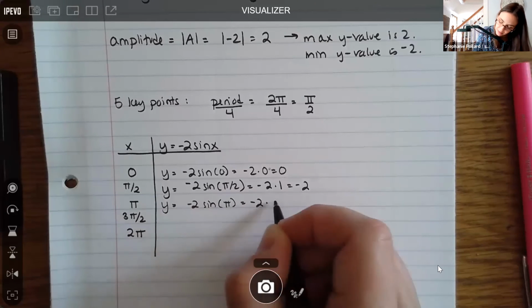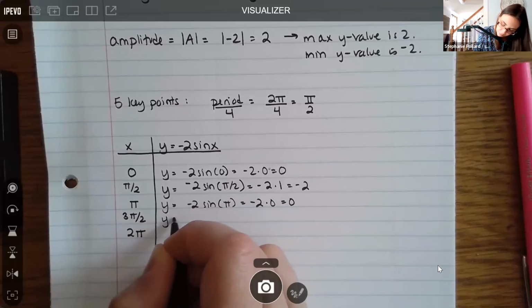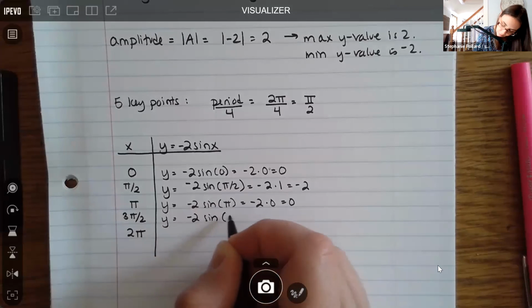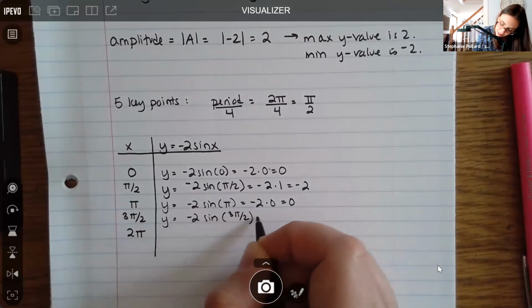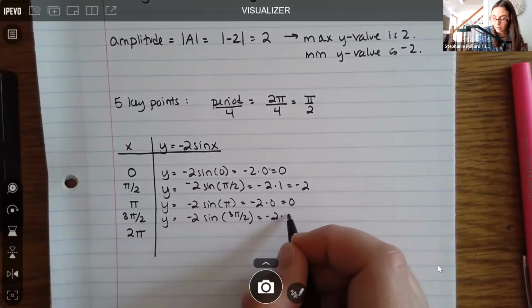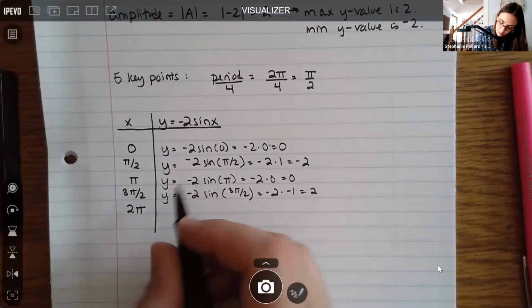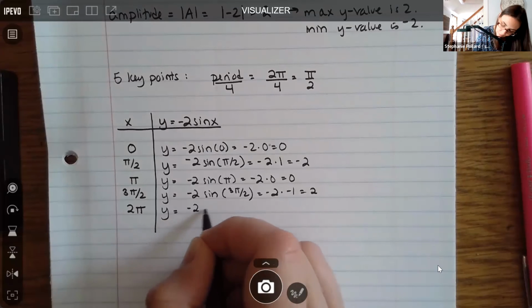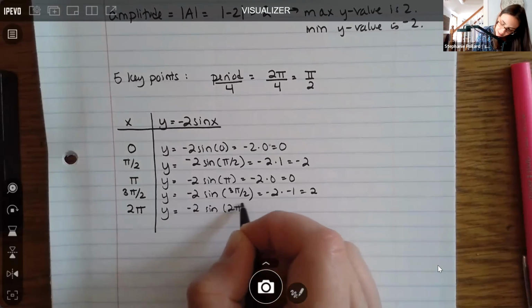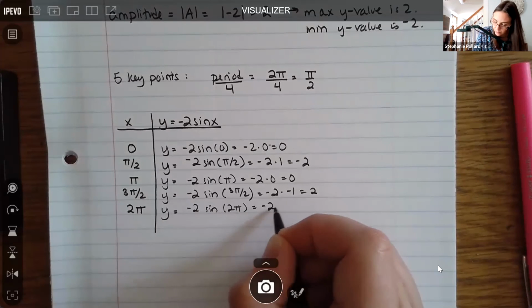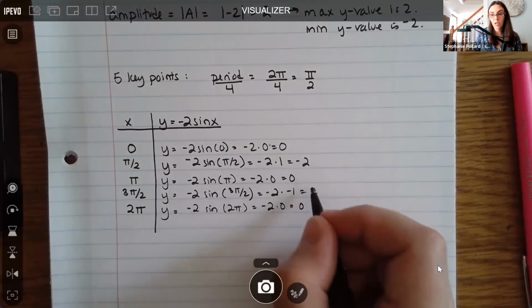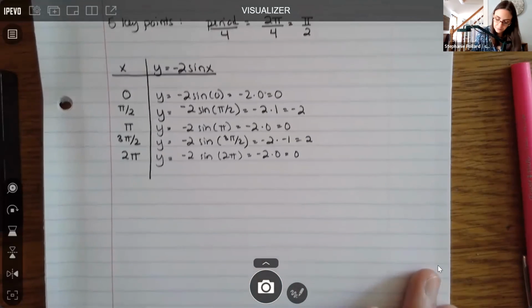Sine of pi again is 0. Now, sine of 3 pi over 2 is actually -1, so this flips it back to positive when I multiply those two negatives. And again, sine of 2 pi is also 0. So again, the only thing that's changing are those max and min values.